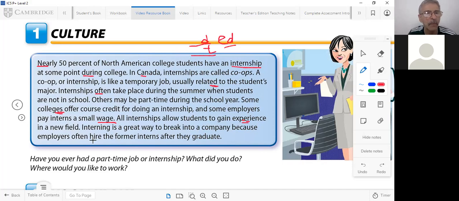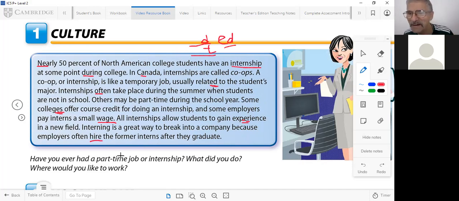But please tell me, which words you didn't understand at all, apart from wage or apart from internship, que nos detuvimos un poco allí. Give me... Hire. You know what hire means?